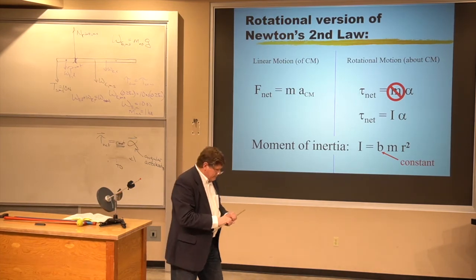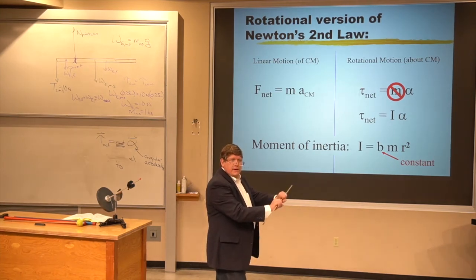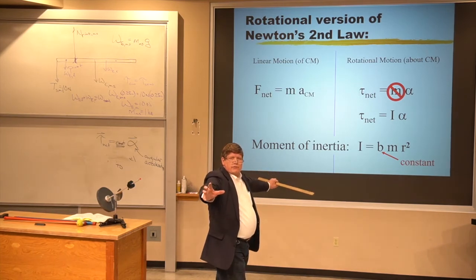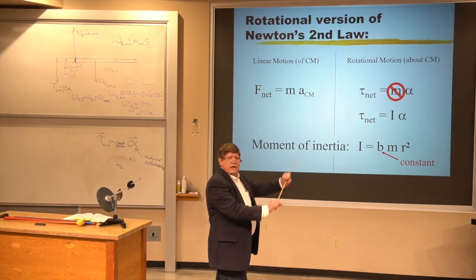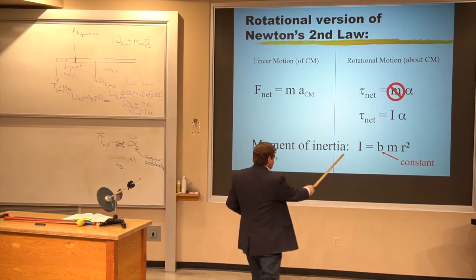Why is that? Well, with that pole, the longer I make the pole and the more mass I can get further away from the axis of rotation, the harder it is to rotate that pole about its center. The bigger its moment of inertia.